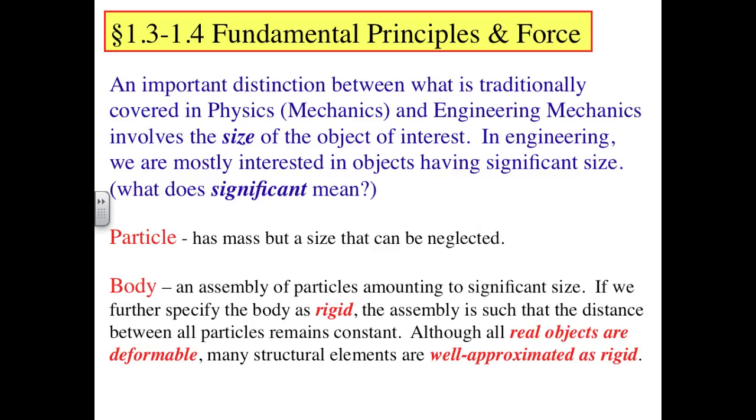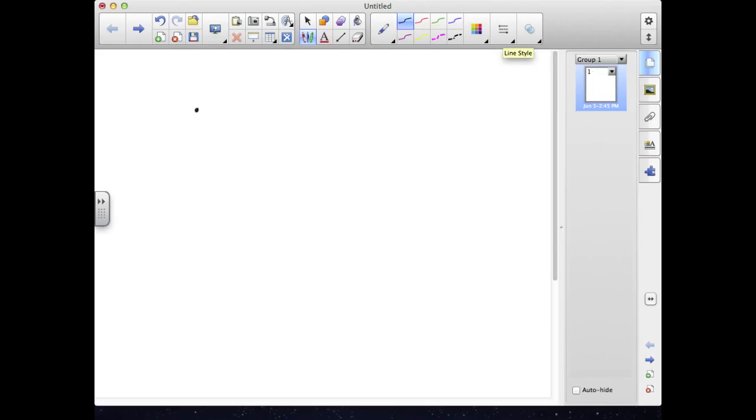A particle is an object that can be treated as a zero-dimensional entity, but there are additional implications that may not be so obvious. Even though a particle is zero-dimensional, I'll begin by drawing a dot on the screen so we have something to see.